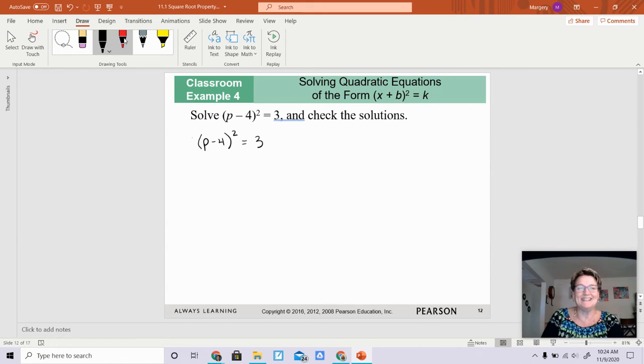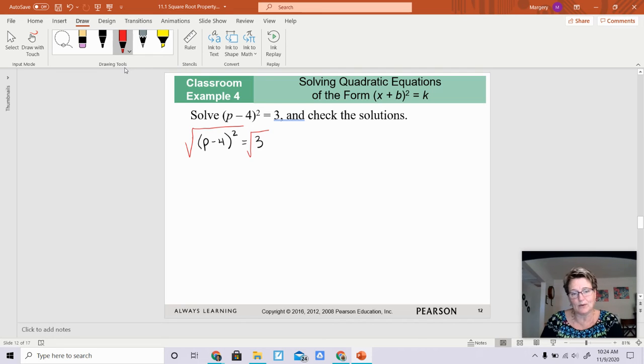All right, so what I want to do is get rid of the square. I'm going to square root this side and square root this side, because whatever you do to one side, you must do to the other. Whatever is being squared comes out of that radical. So p minus 4 is being squared, and when you square root it, whatever is inside that parenthesis comes out.